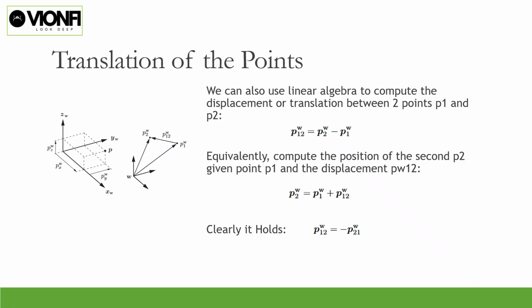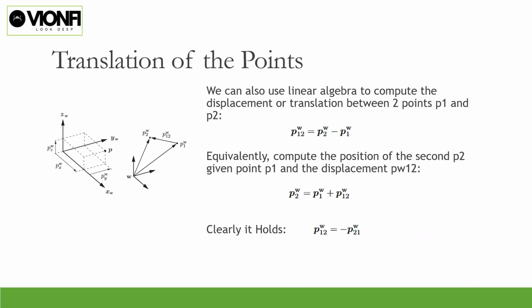For example, in the world coordinate system, as you can see in the image, the second coordinate system, that W, you can see in the world coordinate Cartesian system, the point moves from P1 to P2 in the world system.